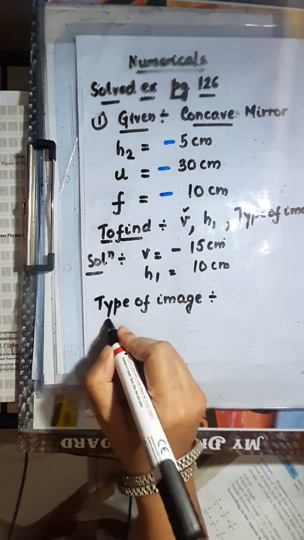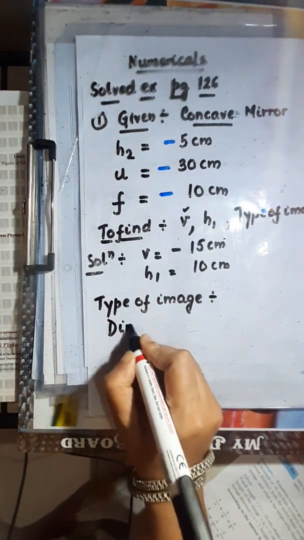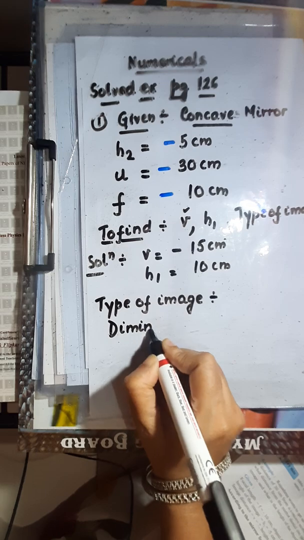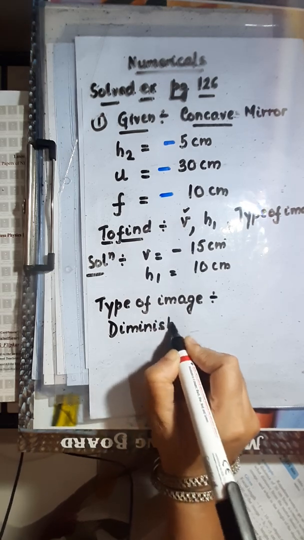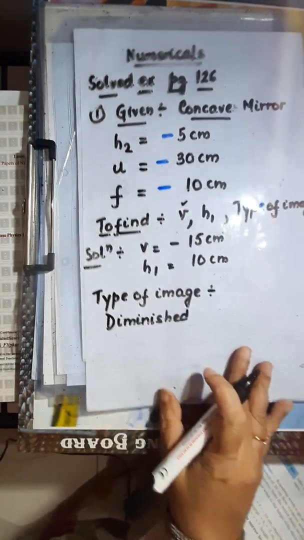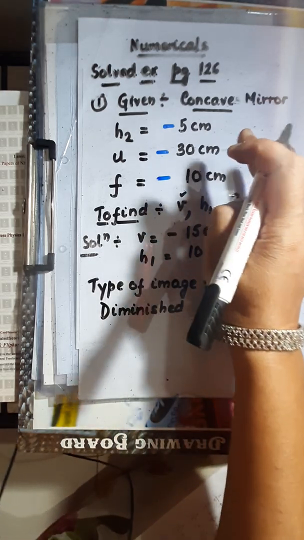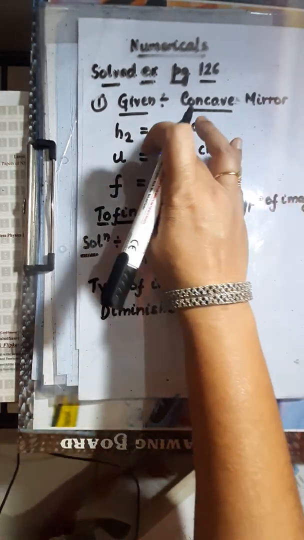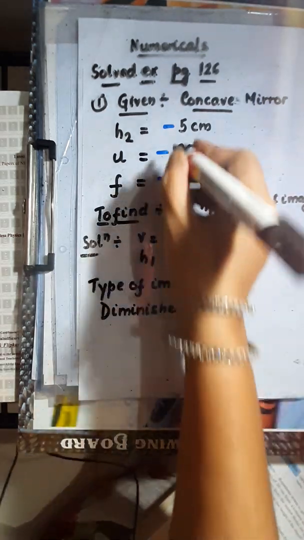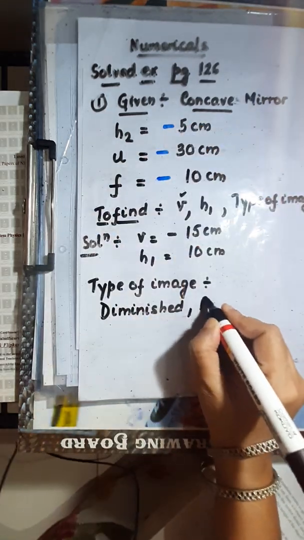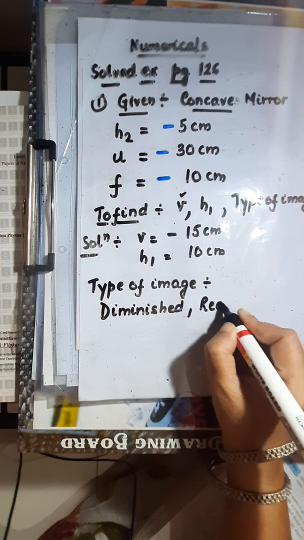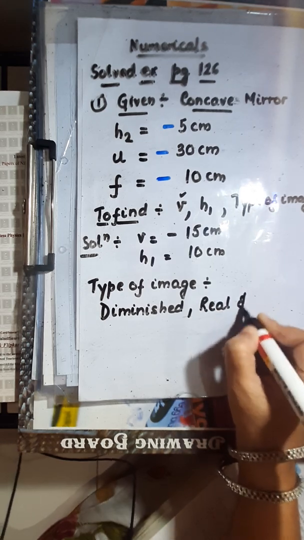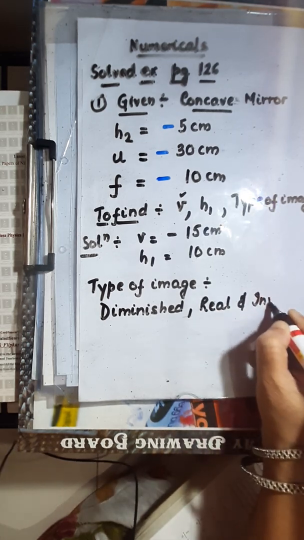So it is diminished. Okay. Now, after that, H2 is negative. So that means it is inverted. So inverted means always real and inverted.